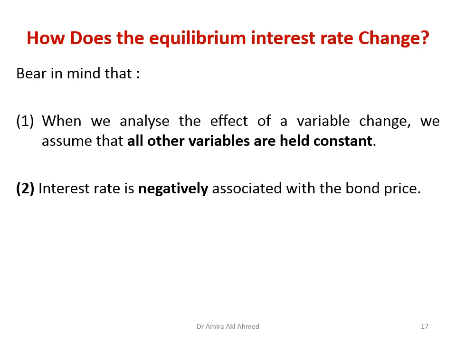In going through these applications, bear in mind two things. First, when we analyze the effect of a variable change, we assume that all other variables are held constant. Second, the interest rate is negatively associated with the bond price. Hence, when the equilibrium bond price rises, the equilibrium interest rate falls, and vice versa.